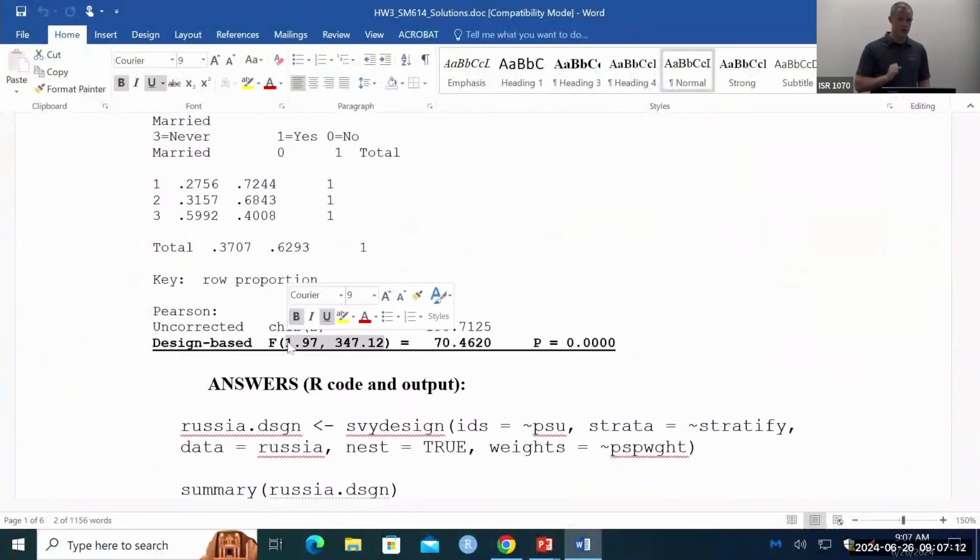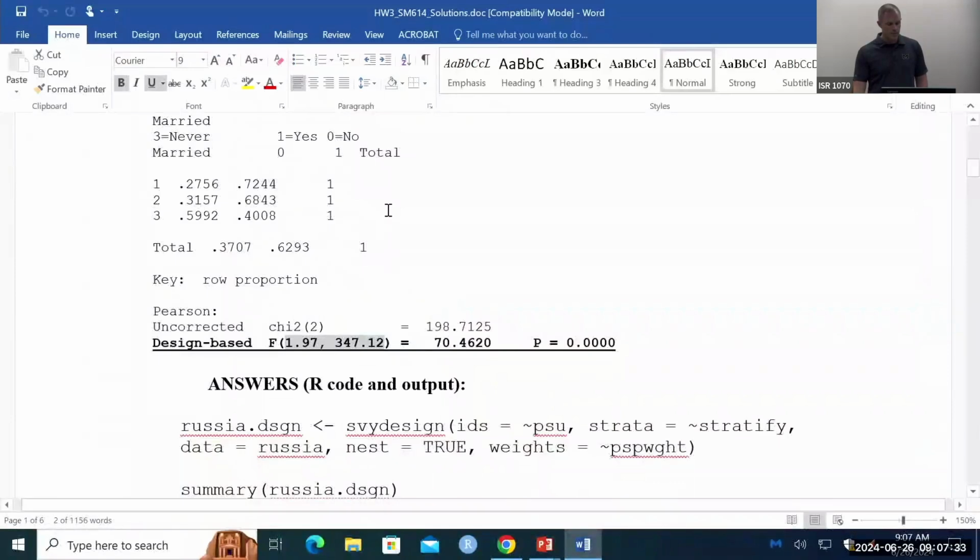So a common error that came up is that people were reporting an F statistic, but then just the 1 degrees of freedom value associated with the design. Anytime that you're reporting an F statistic, you need to make sure you're reporting both of those degrees of freedom values. Otherwise, that's going to confuse people who are reading that statistical output. An F quantity is always going to have 2 degrees of freedom values. So that's something that came up repeatedly here.